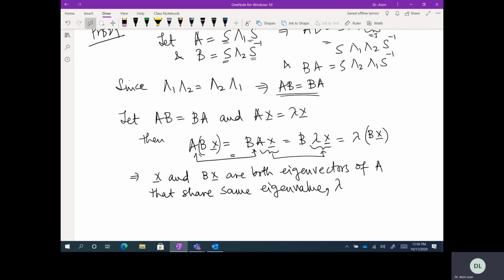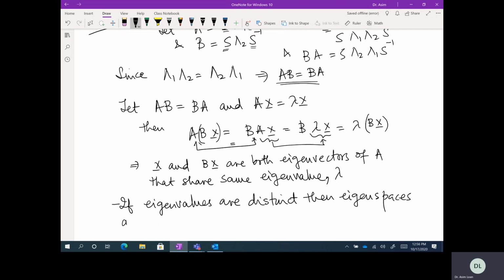If the eigenvalues are distinct, then the eigenspaces are all one-dimensional, which simply means Bx is a multiple of x, which means this is simply mu times x.